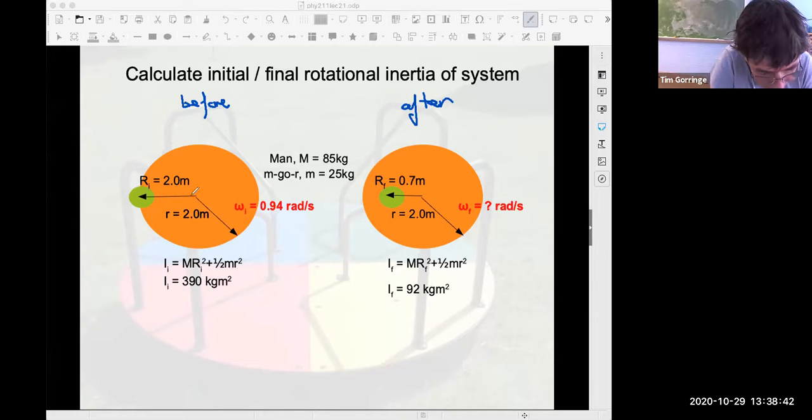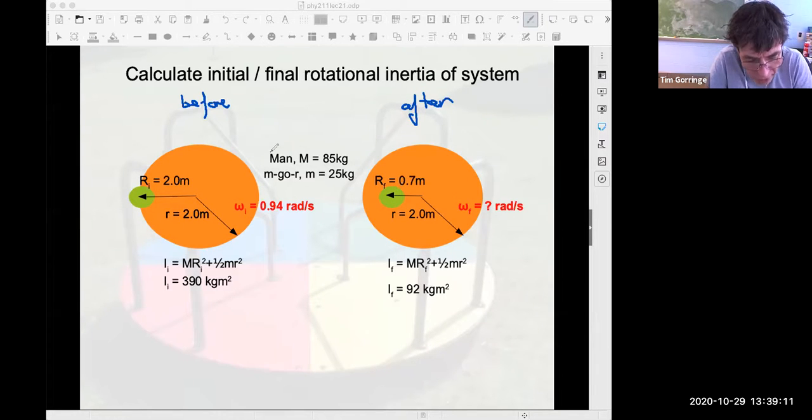And so you see the merry-go-round's radius is 2 meters. I called that little r. And the man's distance from the axis of rotation, I called that uppercase R, and I gave it a subscript i for initially. That was initially 2 meters. But then after the man steps towards the center of the merry-go-round, that distance is 0.7 meters. I called that uppercase R, subscript f.